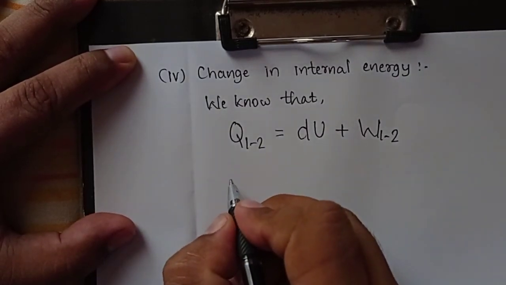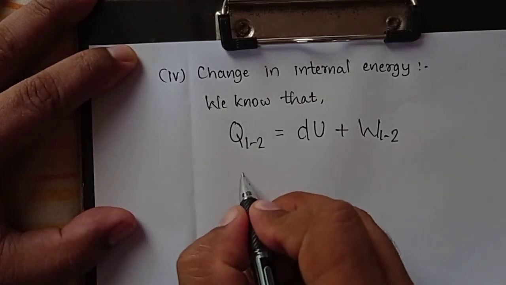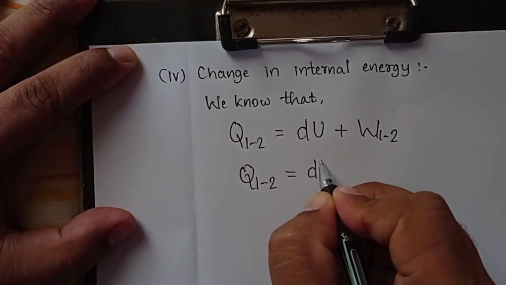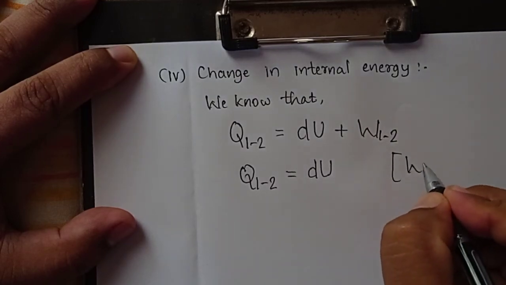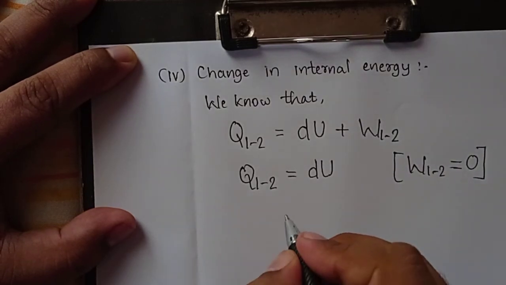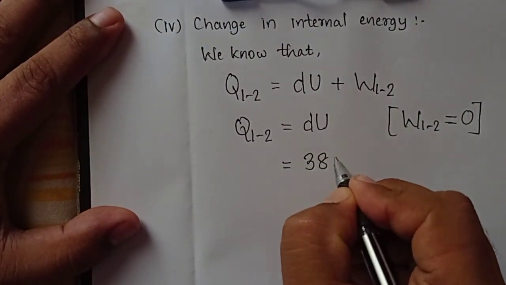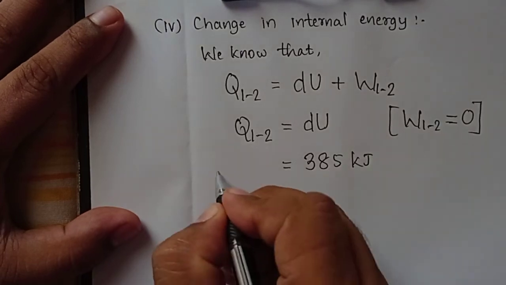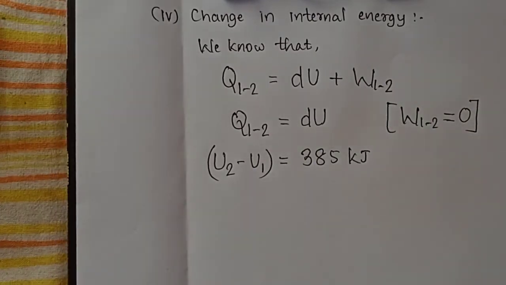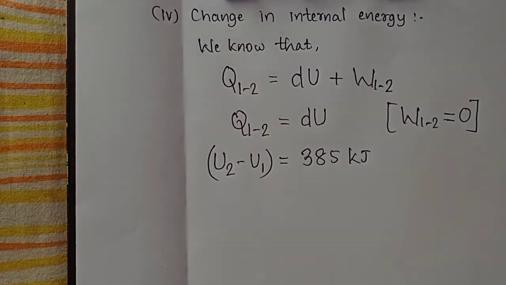Q12 we have just found out as 385 and work done W12 is 0. Since W12 is 0, I can write Q12 is equal to dU, that is 385 kilojoules. And what is dU? dU is U2 minus U1. So U2 minus U1 is 385 kilojoules. So the change in internal energy we have found out is 385 kilojoules.